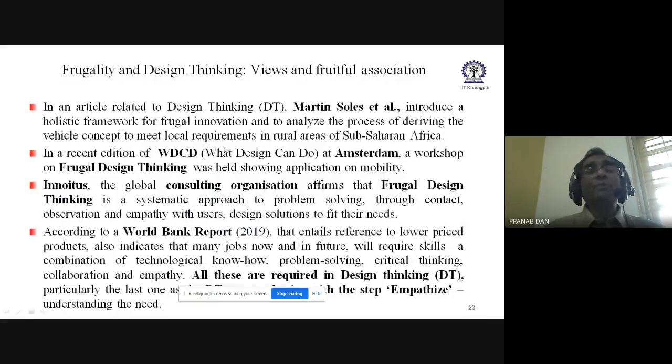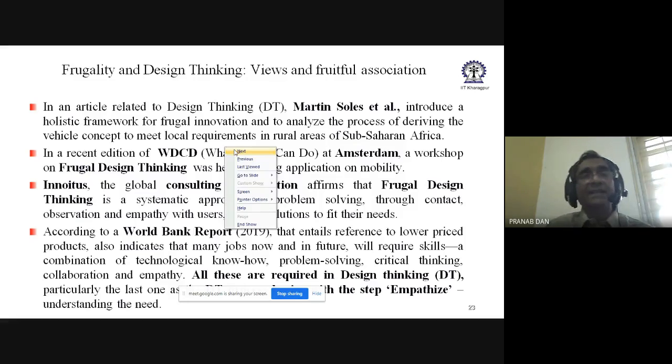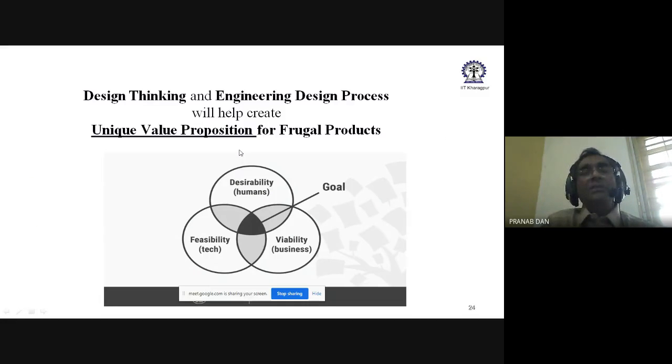Also, it brings us to design thinking. These are the reports on why design thinking is so important. I would skip. I would just say design thinking is so very important. Please go to the next slide where, yeah, just one important thing that we need to really touch upon. The three things, when they intersect at a point, that actually becomes the innovation goal.